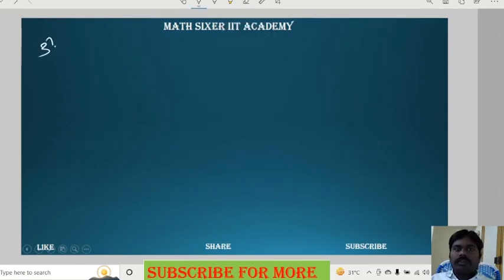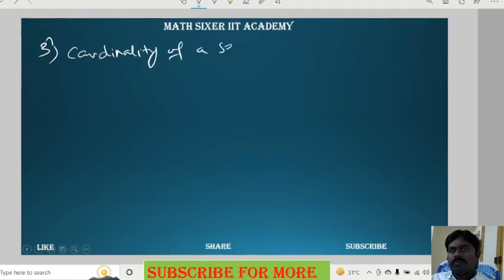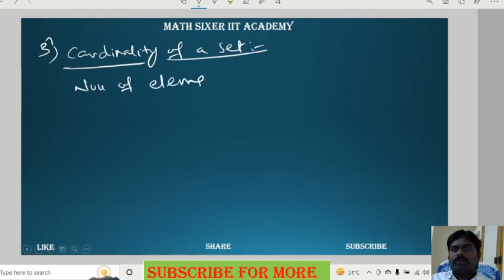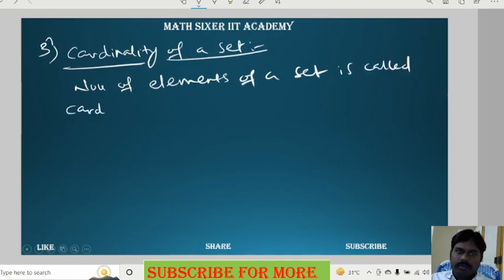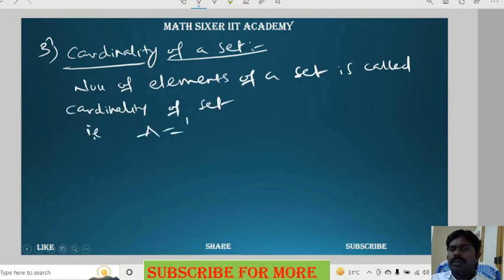Next, cardinality of a set. Cardinality of a set is nothing but the number of elements of a set. Suppose I am taking A is equal to x, y, z.